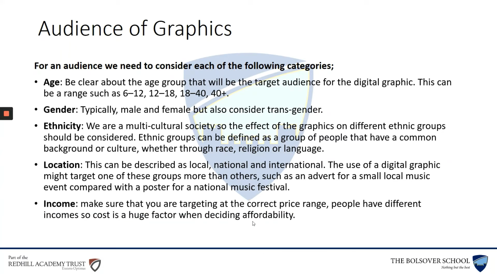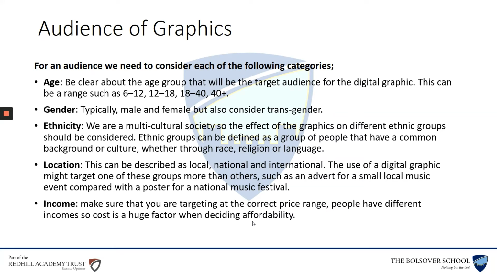Income. It's something we don't often consider. As students like yourself, you don't often think about where money comes from. Yes, the bank of mum and dad, but you have to be careful. When you're advertising something for whatever type of event, whatever you're trying to sell, if you're aiming it at younger people, you have to think about how much things are going to cost.